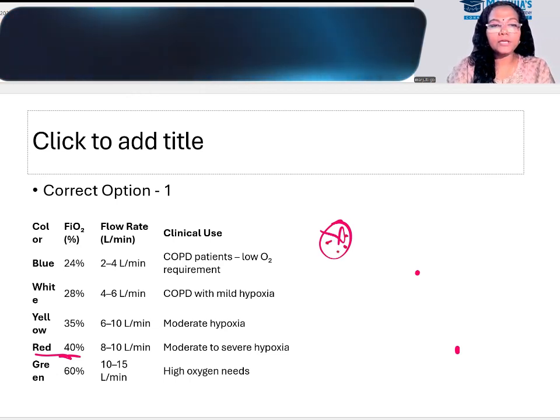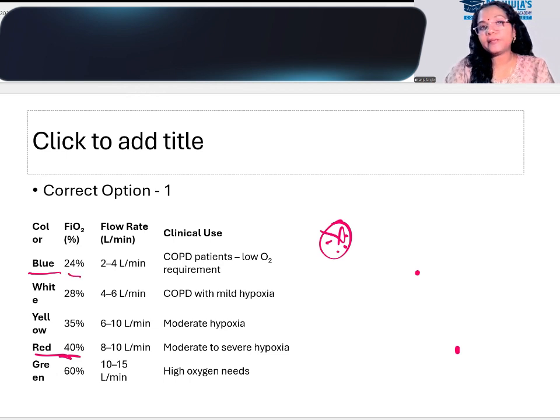If the color of the Venturi mask is blue, it delivers FiO2 24% and oxygen of 2 to 4 liters per minute. This is usually used in COPD patients who require low oxygen. Then white gives 28%, 4 to 6 liters per minute, used in COPD patients with mild hypoxia.